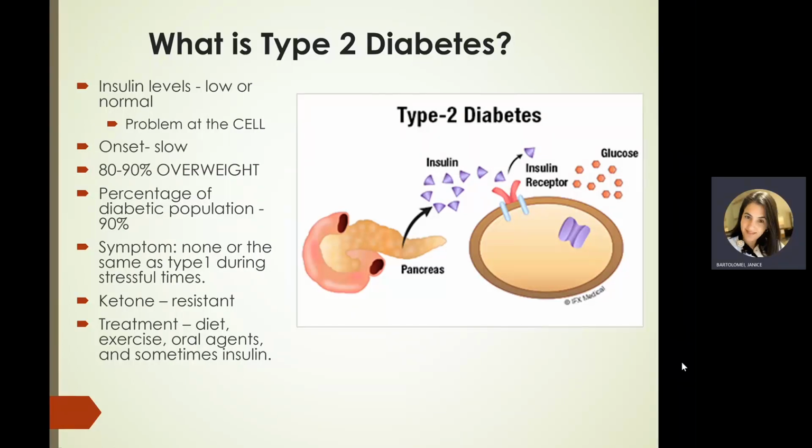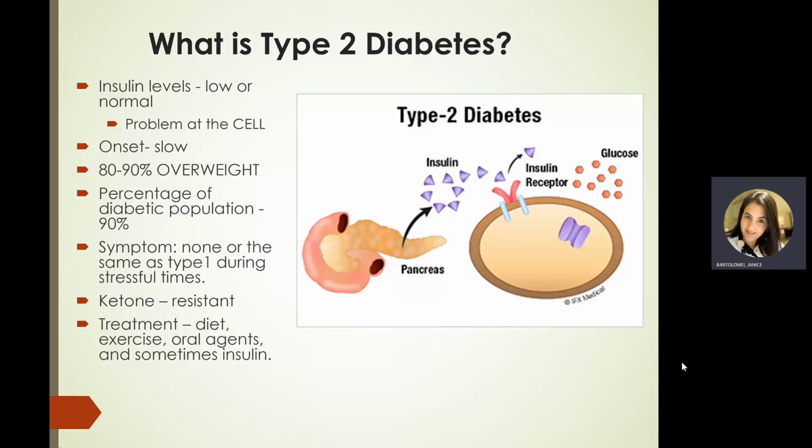It's most of the population, about 90% of people. It's very highly linked to obesity. These people are obese or overweight, 90% of them. They have a very poor diet, are sedentary, and don't really exercise or take care of themselves.